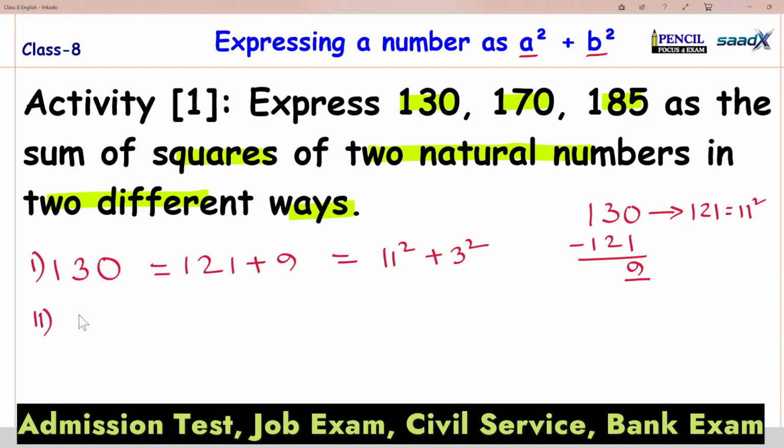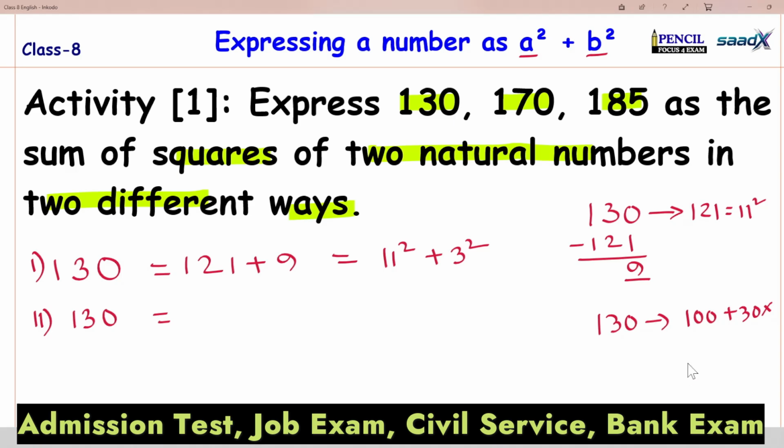Second one, again 130. We have to find the next perfect square after that. Here is 121, and the next perfect square is 100. So 100 plus 30 is not possible.